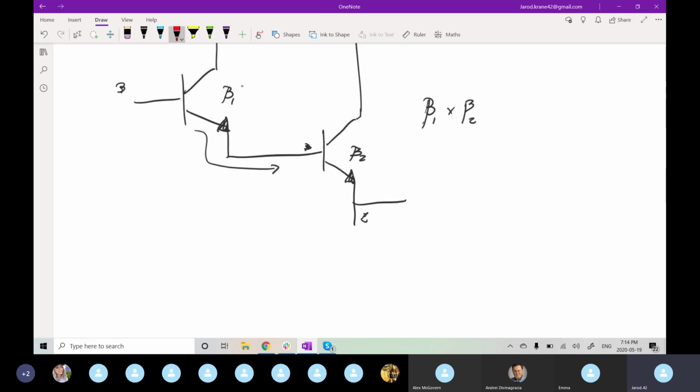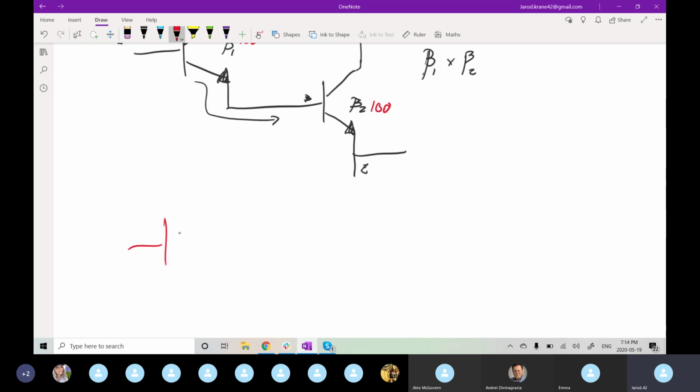So if we were to say, again, both just had a constant of 100, if we had it in just an individual transistor with a beta of 100, because of your multiplier, we can see an output or collector current drastically increase.